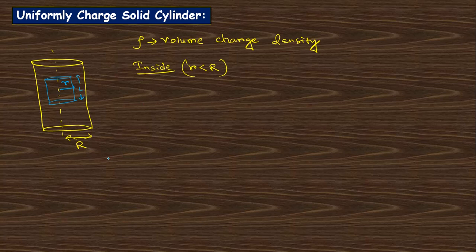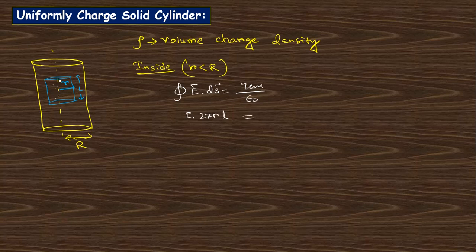Clear? So by Gauss theorem, E dot ds is equal to q enclosed by epsilon naught. In the previous case q enclosed was 0, but here it is not 0 because there is a volume charge density, so there will be charge. So this is 2 pi rL, and the end contribution will be 0.